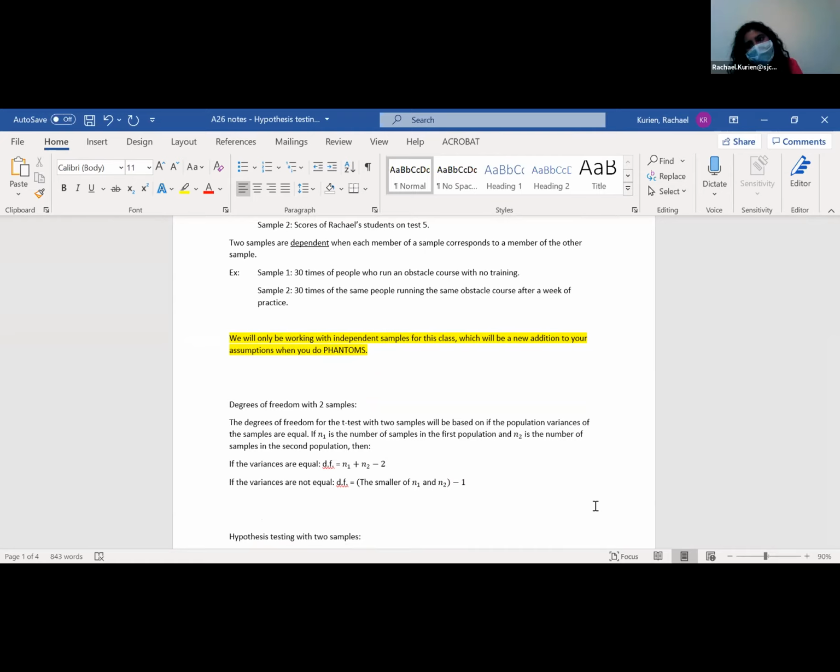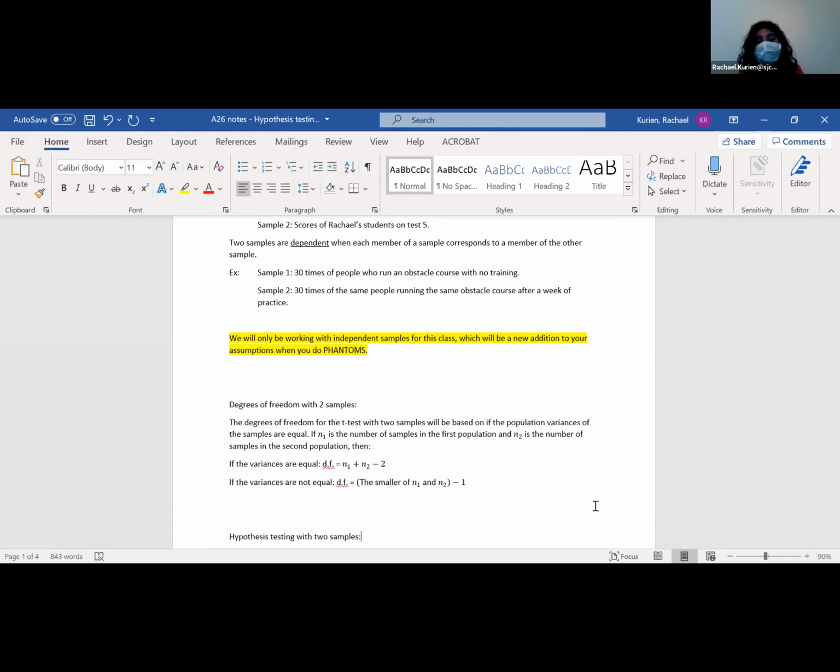So you will see that in the problem. So there's no calculation on that part, where it will say the population variances are equal or the population variances are not equal. So if N1, that's your number of samples in the first population, and N2 is the number of samples in your second population. So let's look at the two different ones.